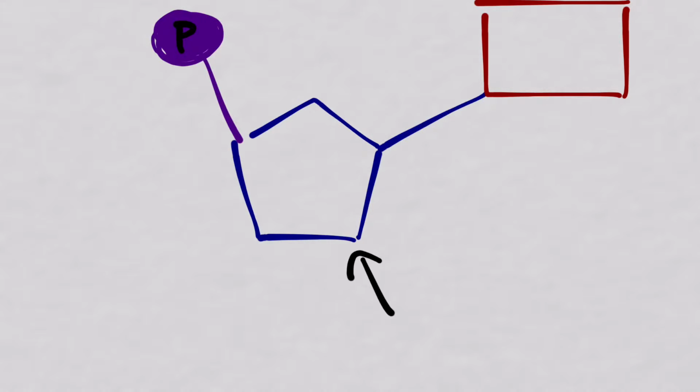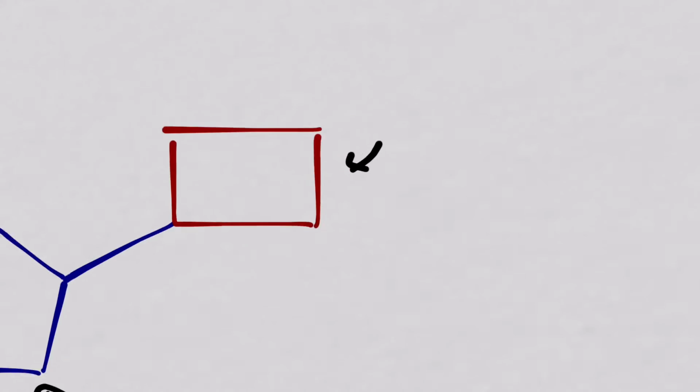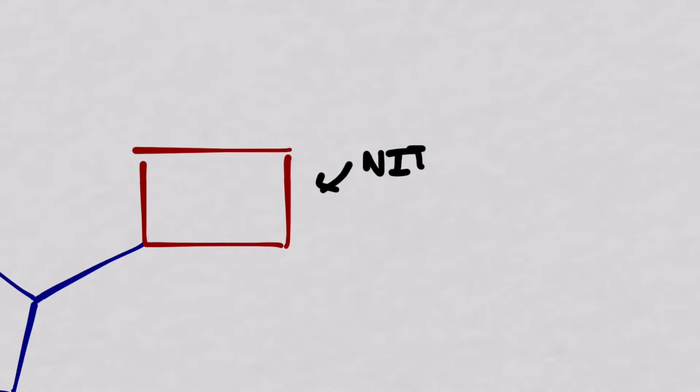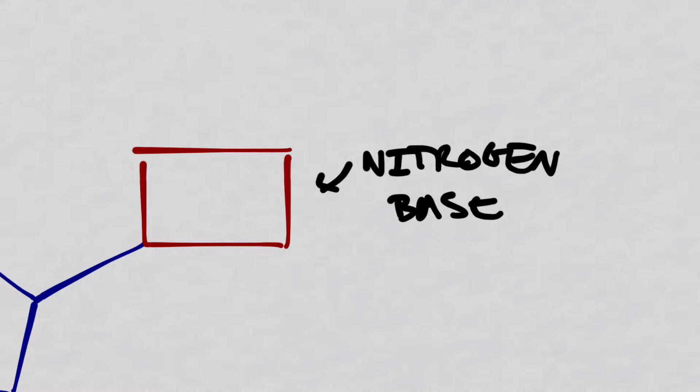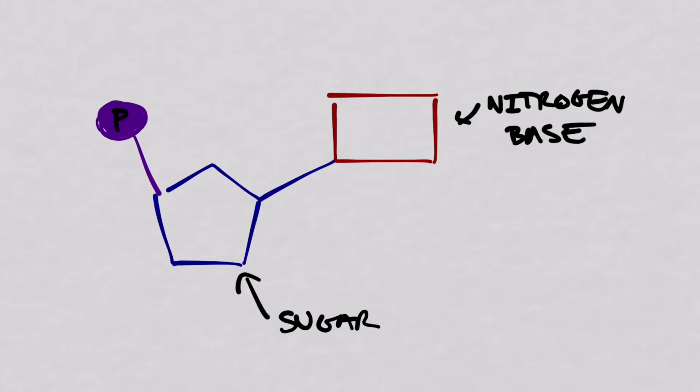Right here is a sugar, a 5-carbon sugar, and right here is going to be a nitrogen base. And so if you look at a nucleotide, they all share this common basic structure, but where they're going to differ is in their nitrogen base. So every nucleotide will have the sugar phosphate that makes up the backbone, and the nitrogen base will be what is variable in each of them.